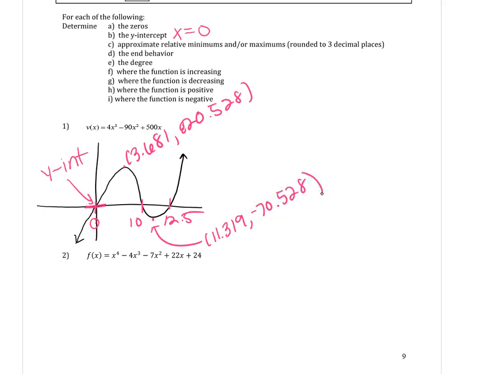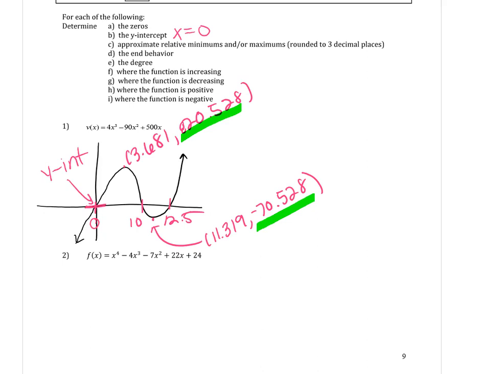Okay, now what I've stated in each of these max and mins are the coordinate points. If the problem prompts you for the min or max value, technically it only wants the y. Okay, but for the sake of labeling here, I've just listed the coordinates of it.